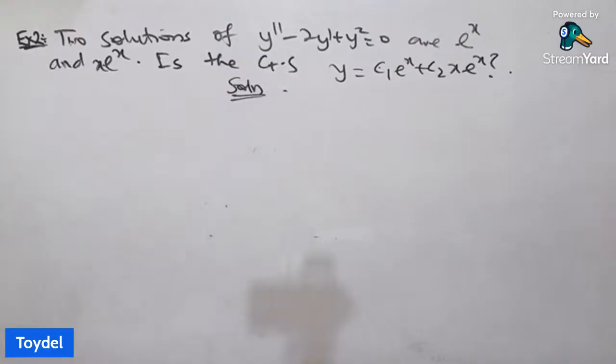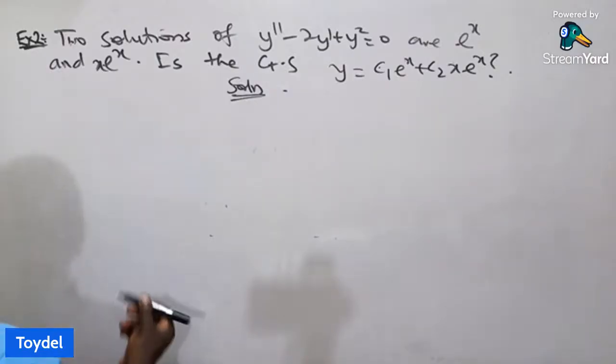Of course, if you want to know if this is the general solution, we go ahead and find the Wronskian of these two solutions. If it is non-zero, it shows that the two solutions are linearly independent. And once they are linearly independent, that can guarantee that they are solutions to that differential equation.